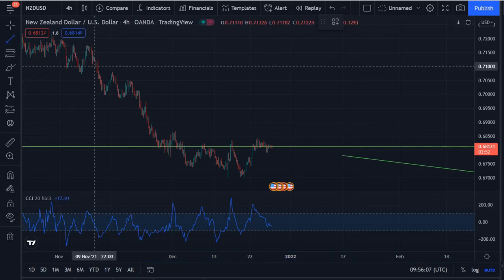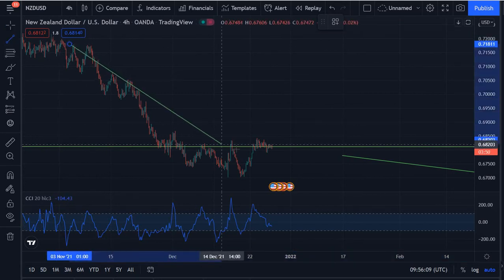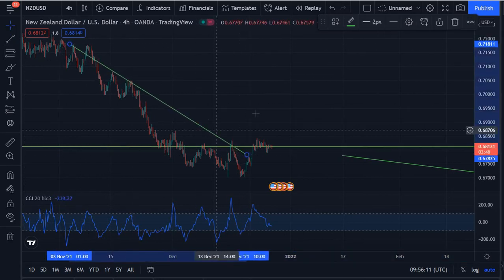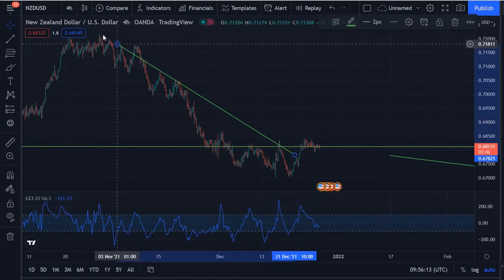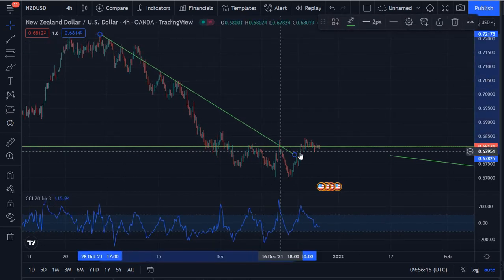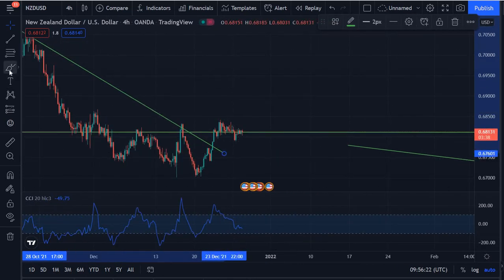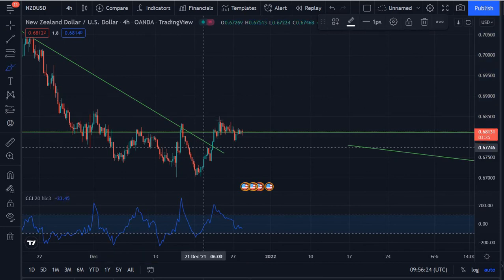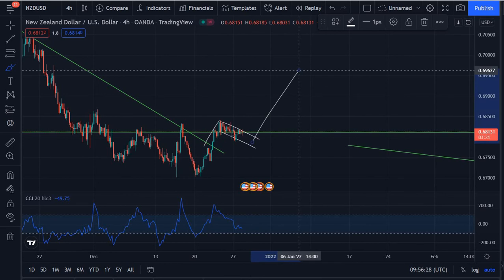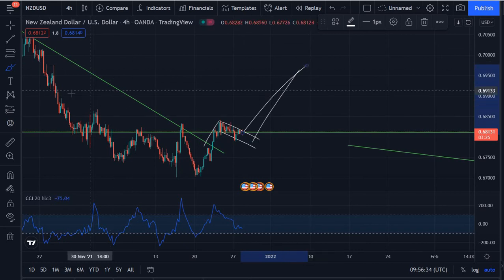4-hour chart, we had this bearish trend here going on, and here we are now, or we broke here a little bit past it. And so the question is, as always, is this a false breakout or a continuation to the upside? Here, kind of a bullish flag could be formed, which means we could break out and go higher.